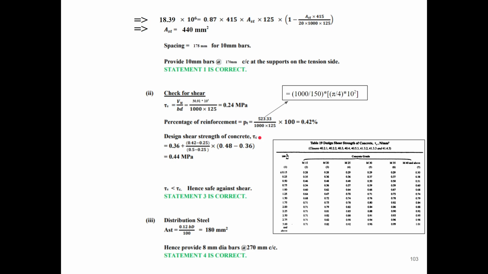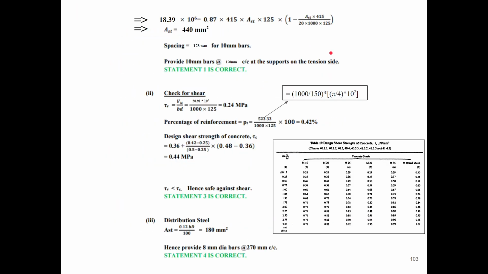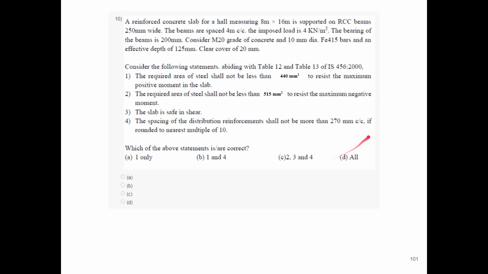And the fourth question is the distribution steel, which is secondary. So we provide the minimum, which is 0.12% for HYSD because it is Fe 415. So it will be 0.12 B into T percent, which is 180 mm square.